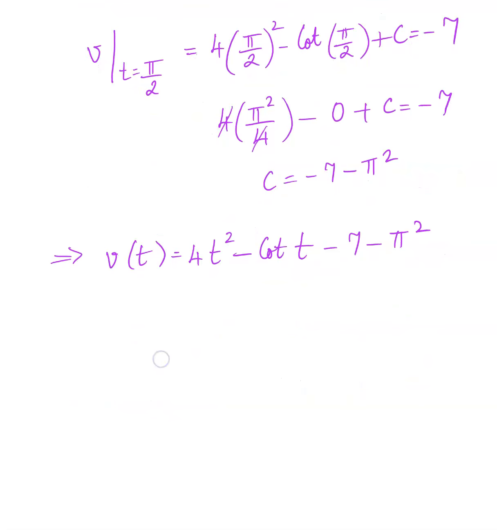So don't be always expecting a nice round number for c. And here it involved pi squared. Totally fine, because pi is an irrational number.